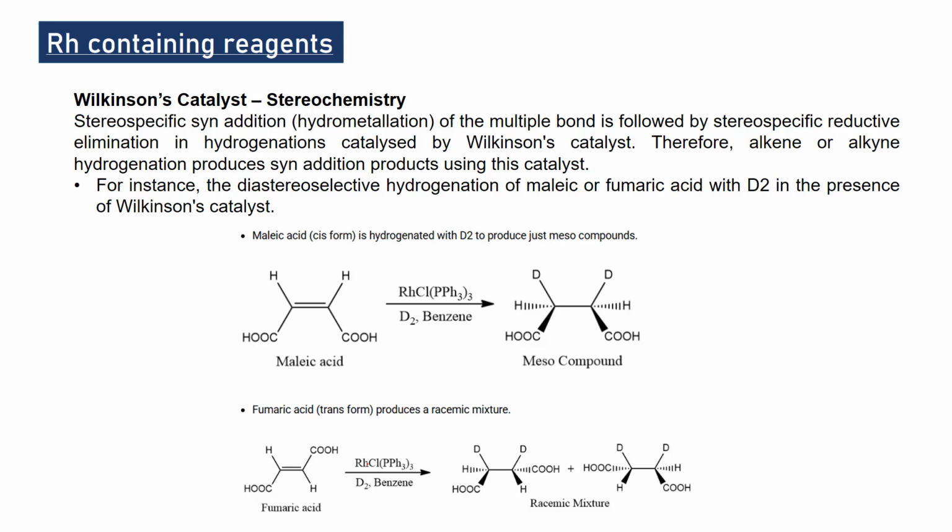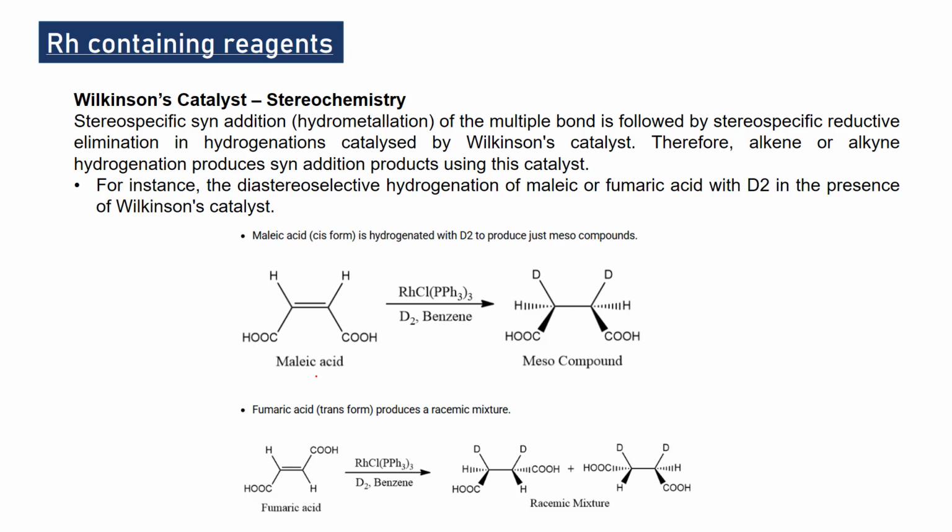For instance, the diastereoselective hydrogenation of maleic or fumaric acid with D2 in presence of Wilkinson catalyst has been shown.